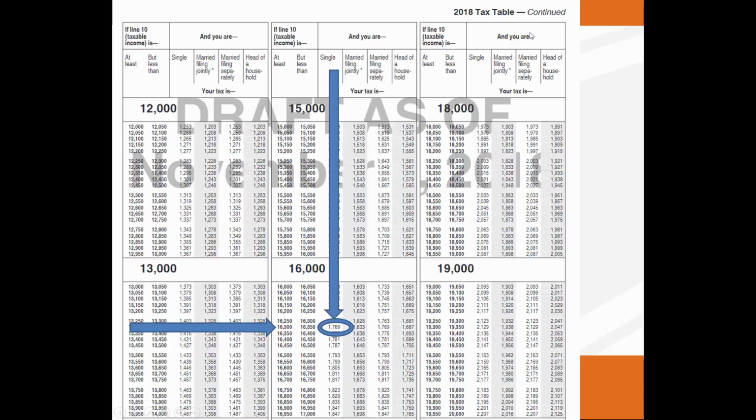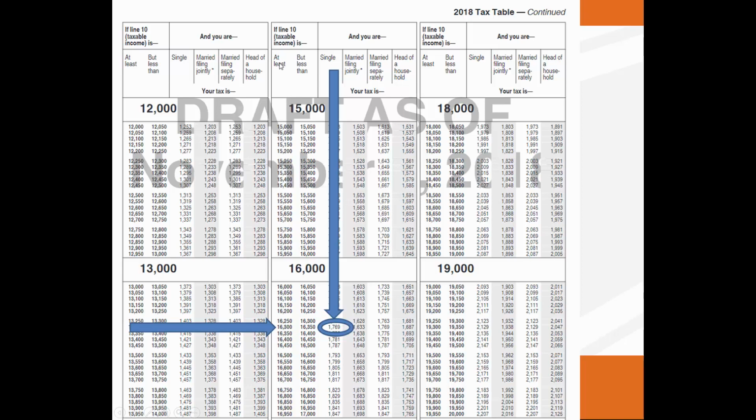There's my 2018 tax table, and it's real simple. I look at the filing status and I look at the taxable income amount, and I just connect the two. He had $16,300 in taxable income. So I'm going to find single, I'm going to find 16,000, and I'm just going to work over. Now, where it can get a little confusing, you'll notice you have two numbers on there for 16,300.